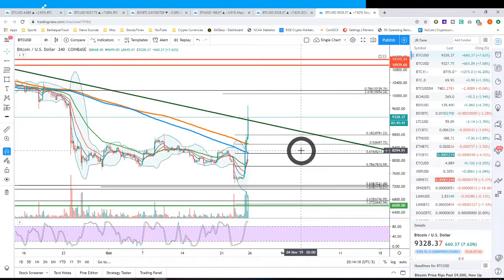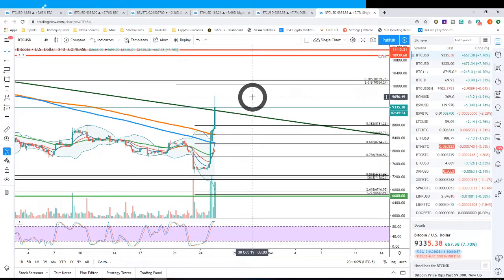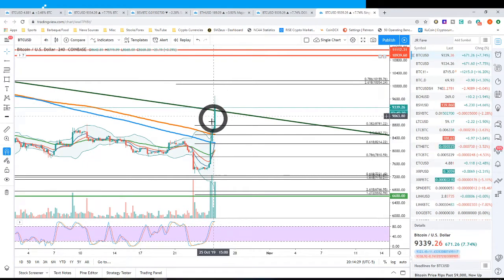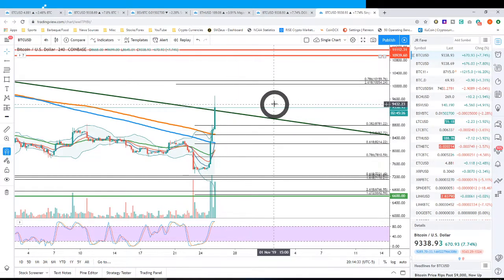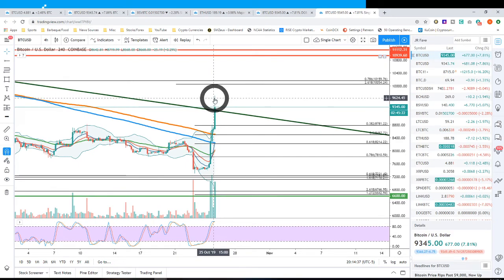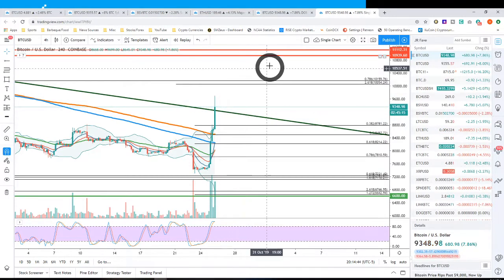And as I said earlier, what I want to see now, and this is going to take a little bit to play out, is when it comes and dips back down, because there's going to be some profit taken here in a little bit. Count on it. But I want to see it hold that trend line.